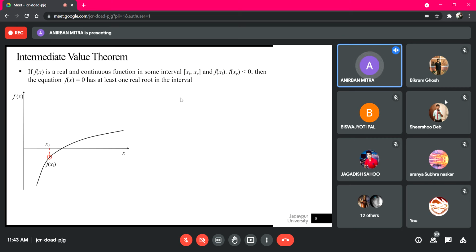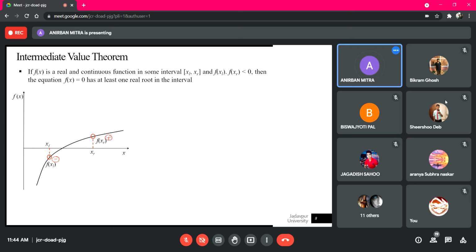So we have xl here. The functional value corresponding to xl is f(xl), and on this side we have xr, the right hand side. The functional value is f(xr). Quite clearly, here the functional value is negative. Here the functional value is positive.